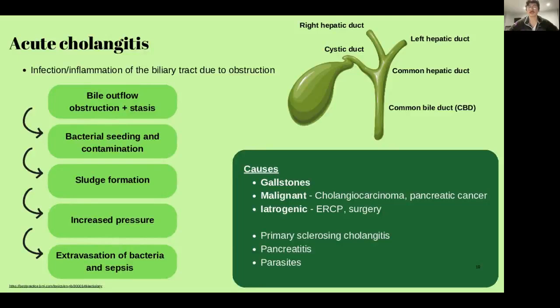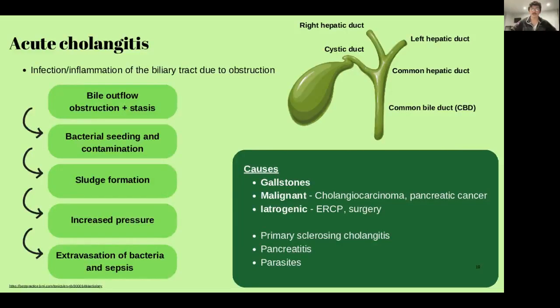So what are the causes? Well, gallstones we've mentioned is the most common, so that's intraluminal. You can have malignant causes, cholangiocarcinoma, or further down, pancreatic cancer, particularly around the ampulla in the pancreatic head. Sometimes it can be due to instrumentation, so ERCP or surgery.